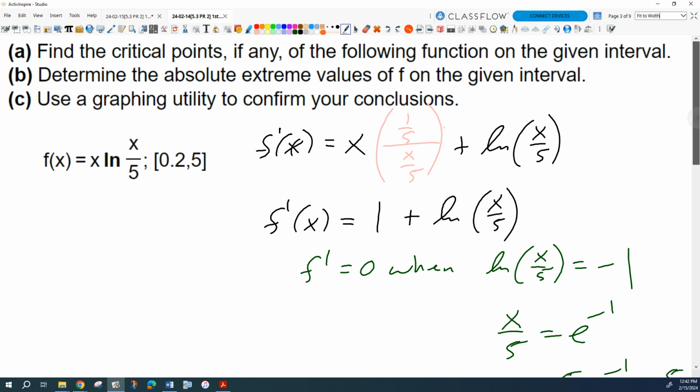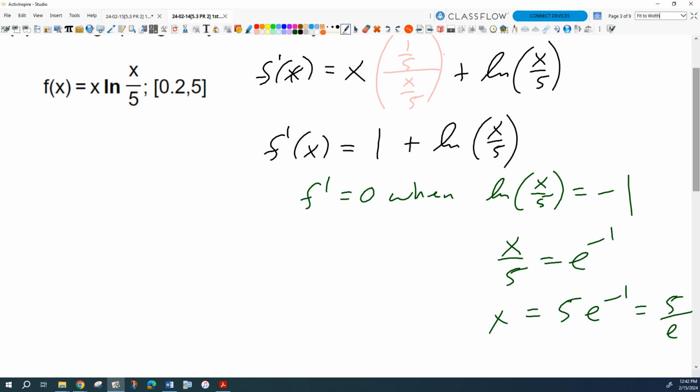Okay, so then we'd plug that back in the function, right? If that's our critical number, then here's what you want to do. So you're trying to do this. F of 5 over e equals what? Well, that's going to give us 5 over e times the natural log of 5 over e divided by 5, right?